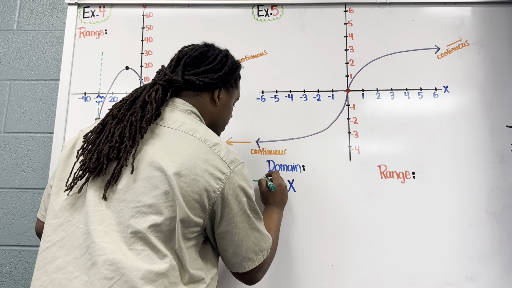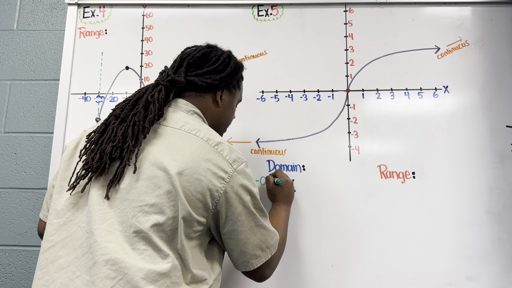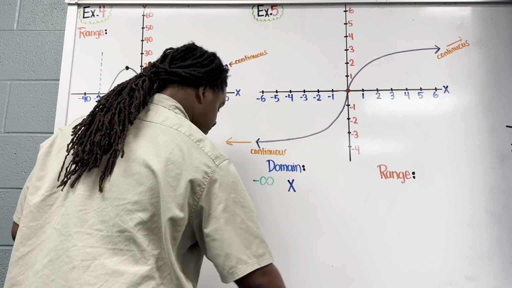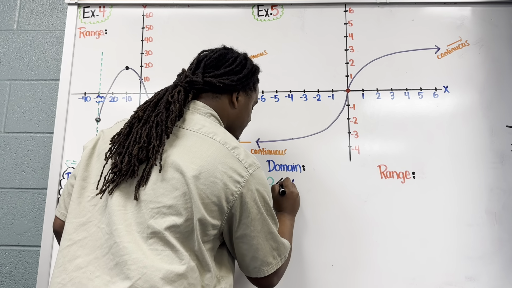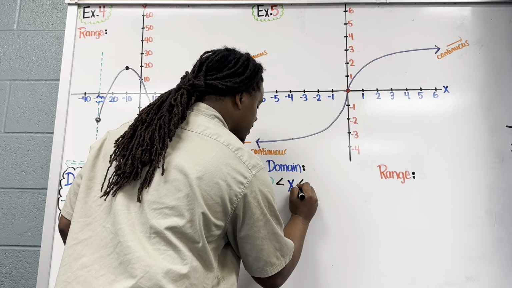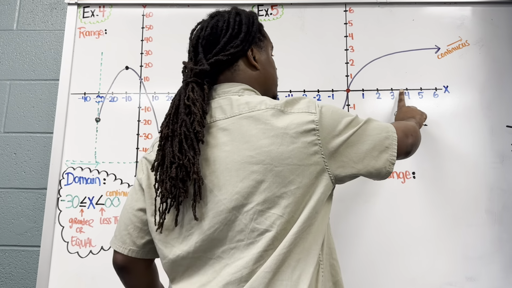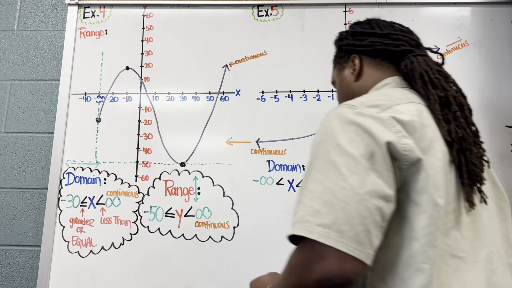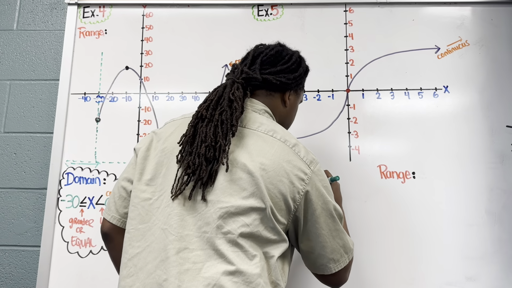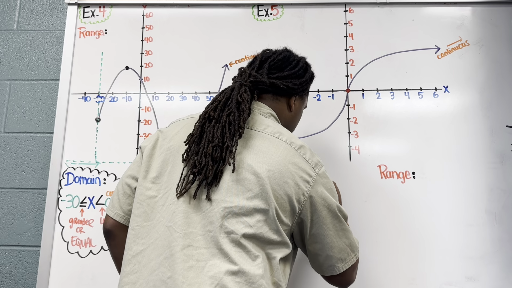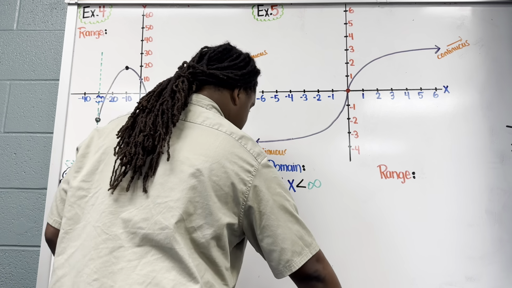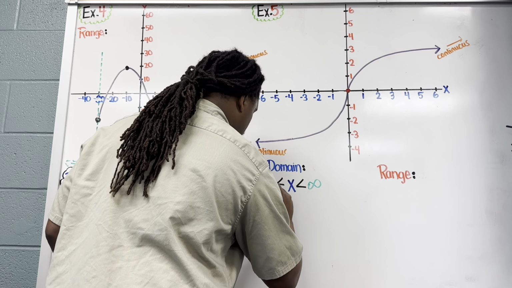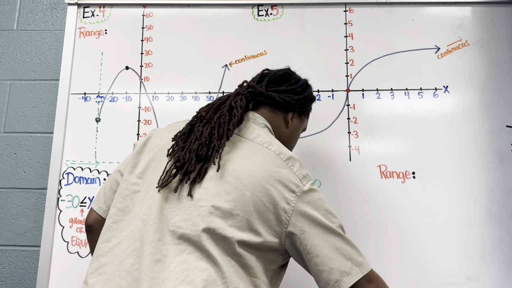So x can be any number that's greater than negative infinity, right? But x can be any number, as we can see, that's less than positive infinity, right? So as we keep going, x is less than positive infinity, right? Or in other words, x can be all real numbers.